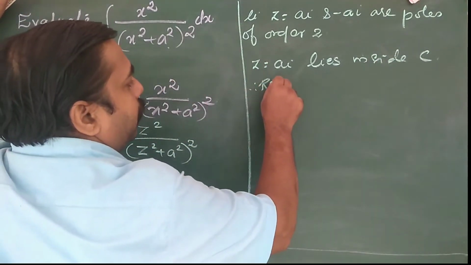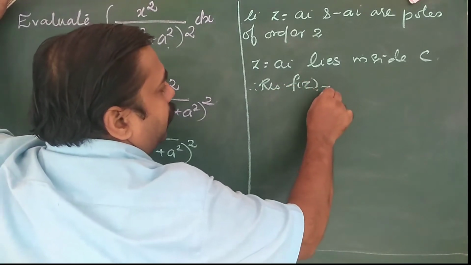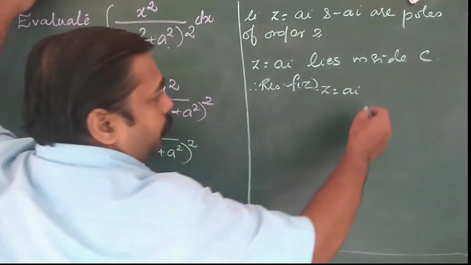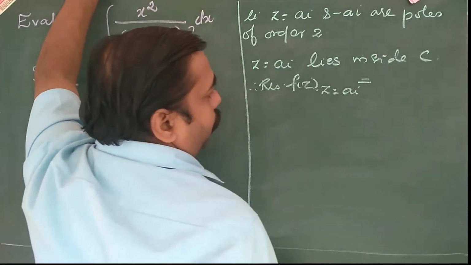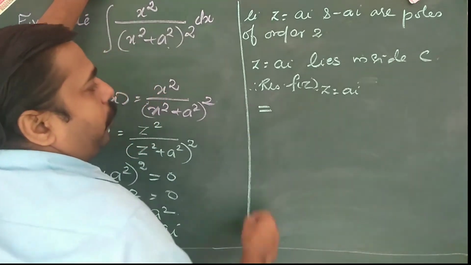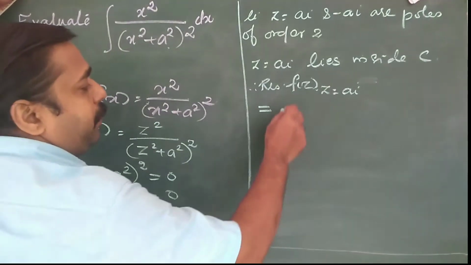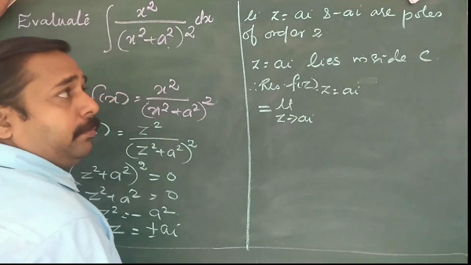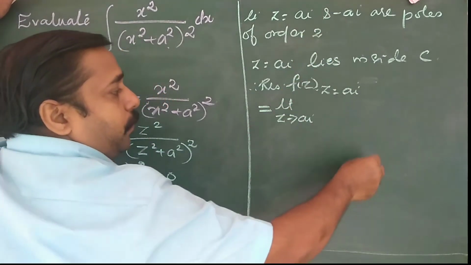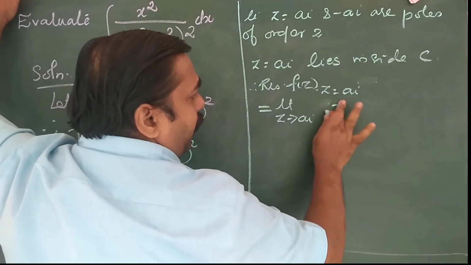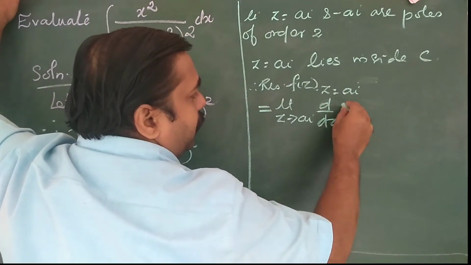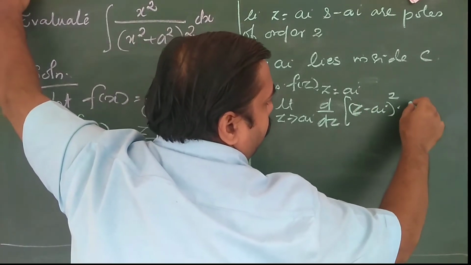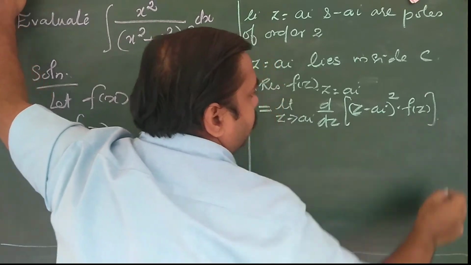Therefore, residue of f of z at z is equal to ai equals limit z tends to ai, here order 2, so d by dz of (z minus ai) the whole square into f of z.